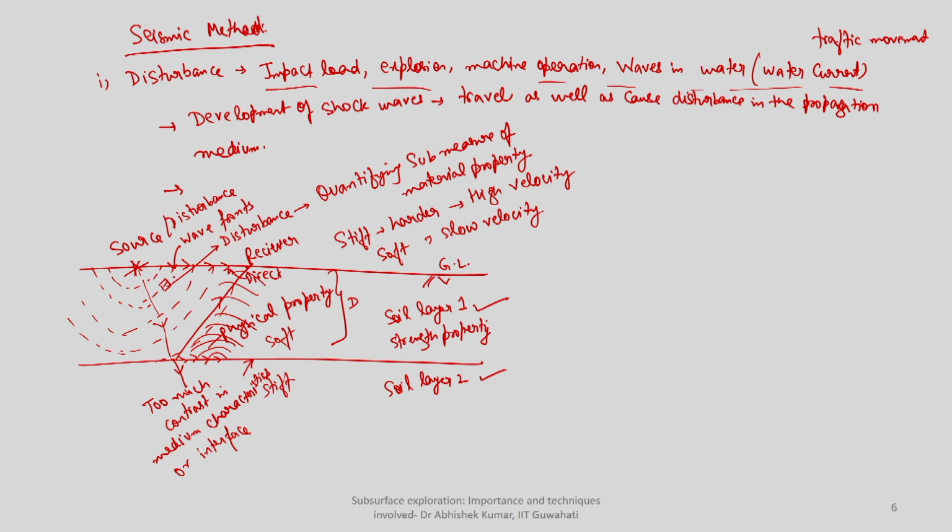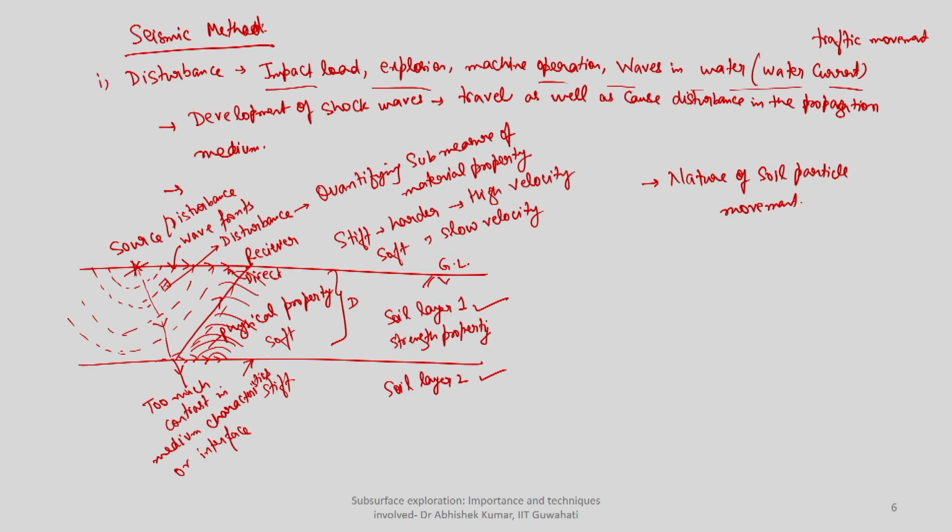Because of the wave front, it is causing some kind of disturbance in the material. So, depending upon the nature of the disturbance caused in the material, or the kind of movement of the soil particle in this particular case, the nature of soil particle movement will help you in understanding the characteristic of this medium.